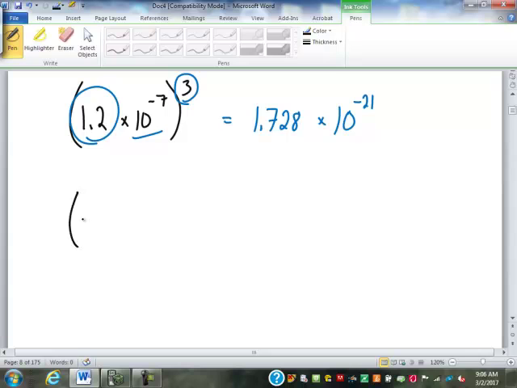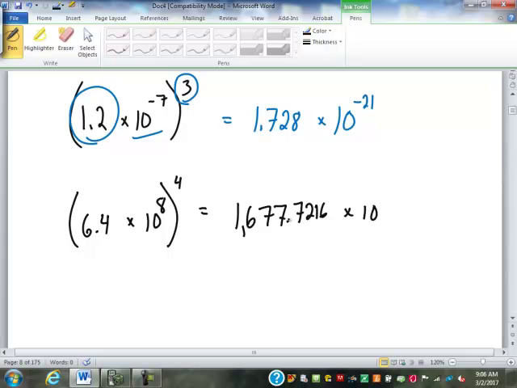So let's say we have 6.4 times 10 to the 8th to the 4th power. What is 6.4 to the 4th power? 1,677.7216, times 10 to the 32nd.